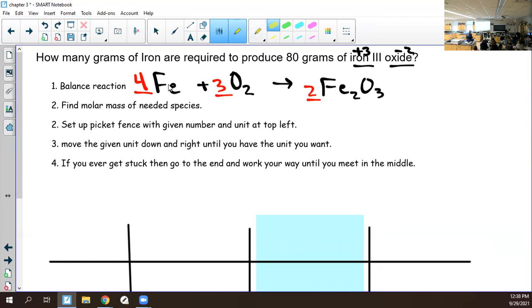All right, iron, which is here, and iron 3 oxide. So let's go ahead. I'll do iron. It's 54, isn't it? Oh, 56. I'm sorry.